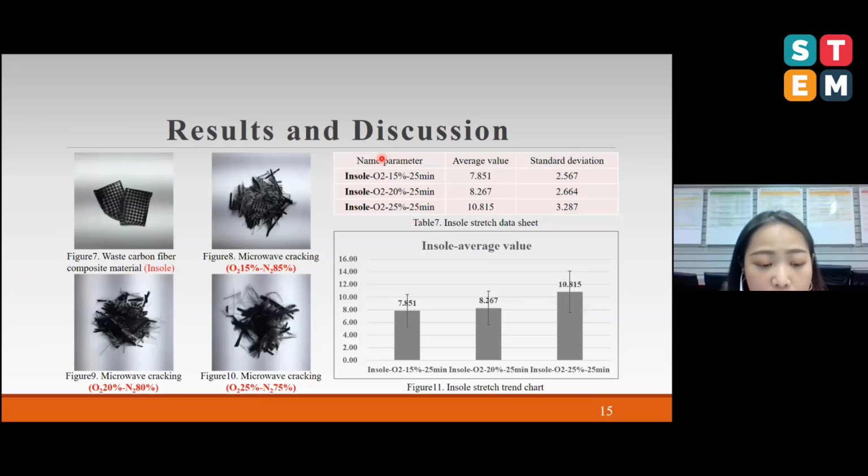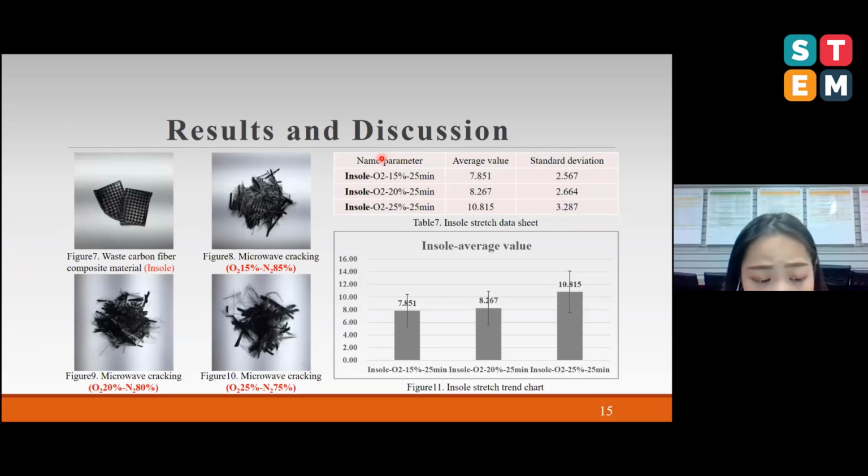The picture on the left is the comparison before and after the experiment. The treated samples were subjected to a tensile test.